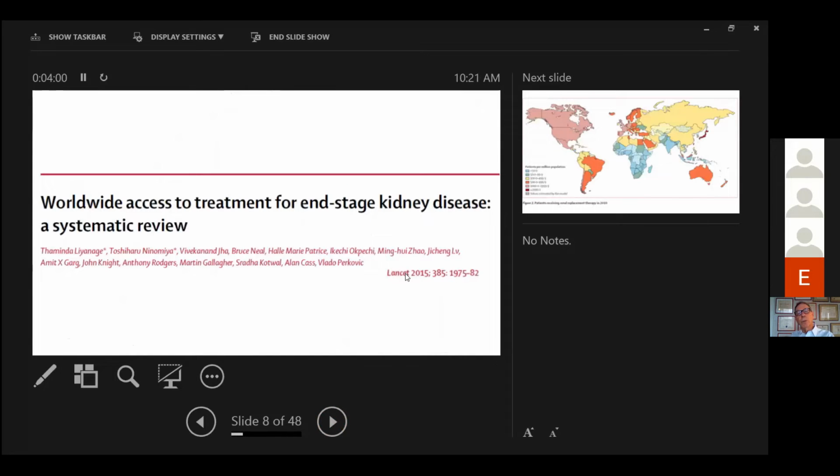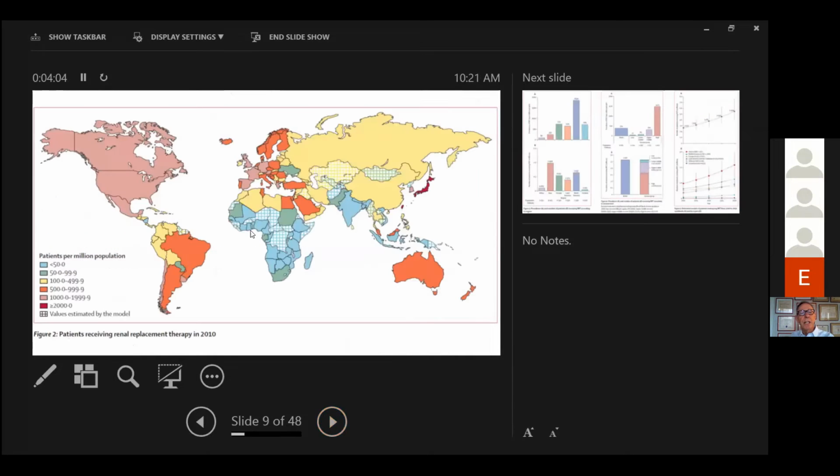This was reviewed in more detail a couple of years ago in the Lancet in 2015. Here's their map of the world. As far as patients per million receiving kidney replacement therapy, Africa is shown here. And there's a lot of countries in Africa where there is no data, right?